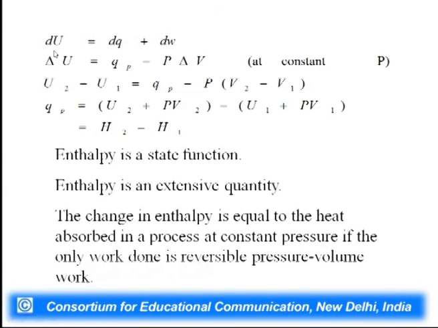So, now see here, the differential of U is dq minus dw, and since processes take place at constant pressure, we can write dw is equal to minus P delta V. So, U2 minus U1 is equal to QP minus P times V2 minus V1, and if you arrange this, QP will be equal to U2 plus PV2 minus U1 plus PV1. You must remember that PV is energy, U is energy. So, the sum of these two is going to be energy, and that is called enthalpy.